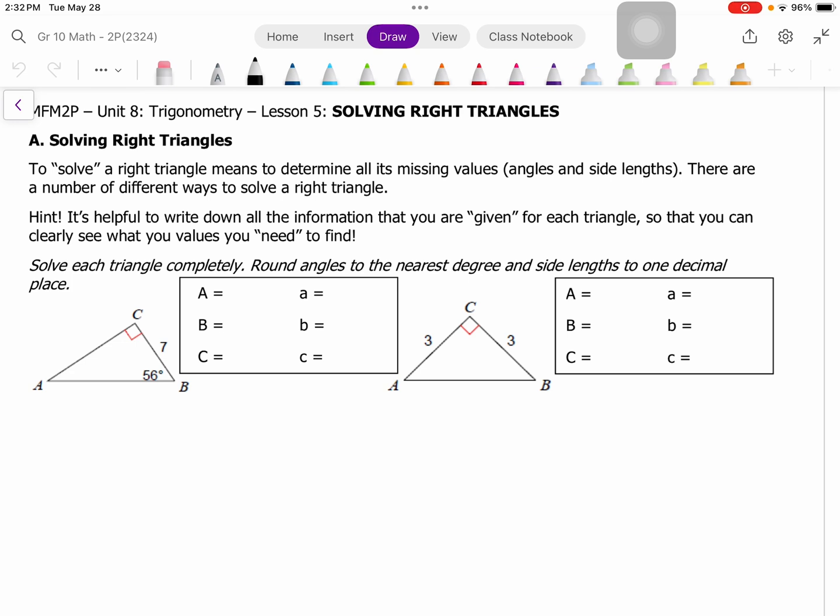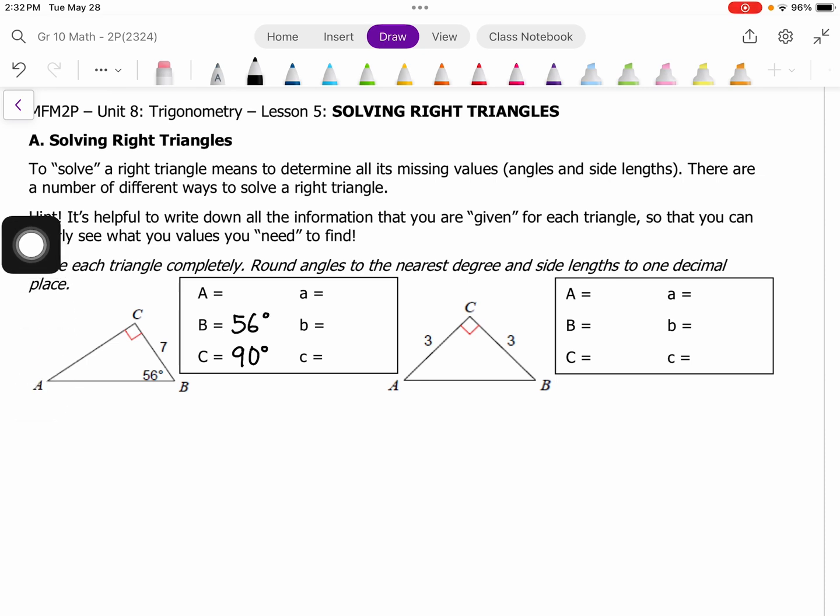So one of the things that can be helpful is just having something to keep track of all the angles and all the sides, and we can start by filling in the pieces of information we know. So our right angle is angle C, so that's 90 degrees, and angle B is 56 degrees.